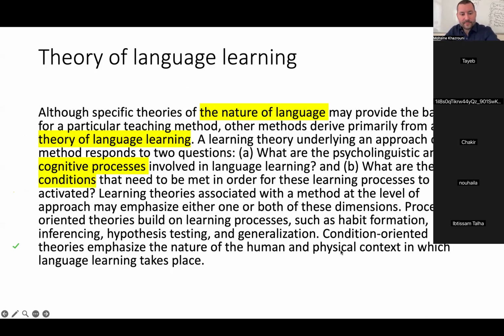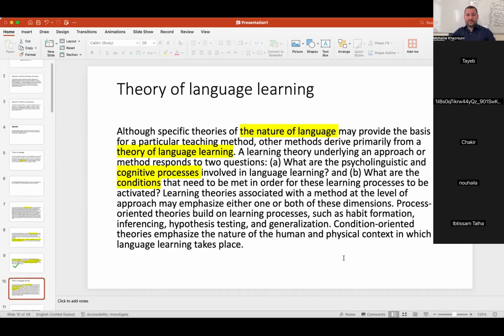The first one is what are the psychological and cognitive processes involved in language learning, and the second, what are the conditions that need to be met in order for these learning processes to be activated. Learning theories associated with a method at the level of approach may emphasize either one or both of these dimensions.